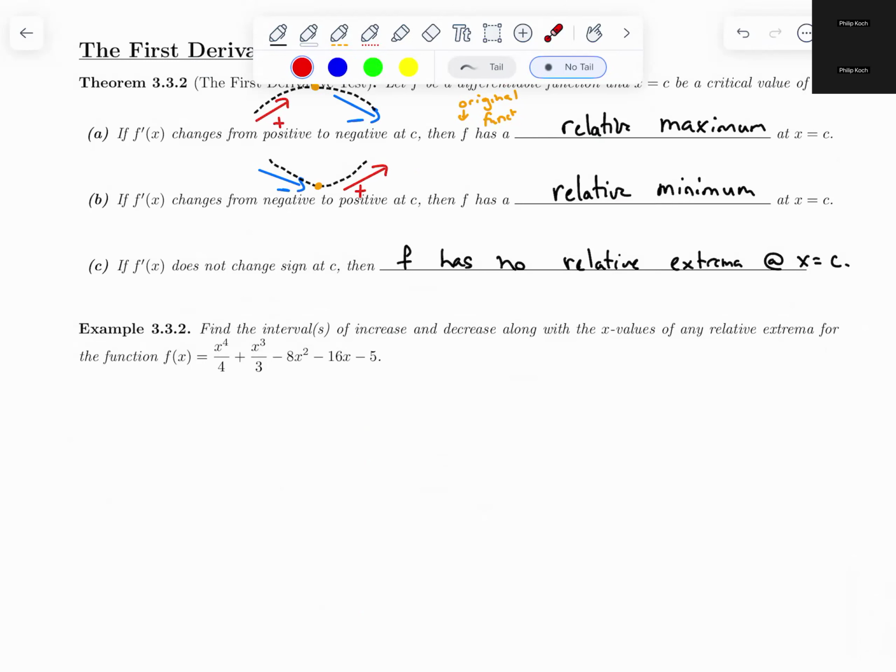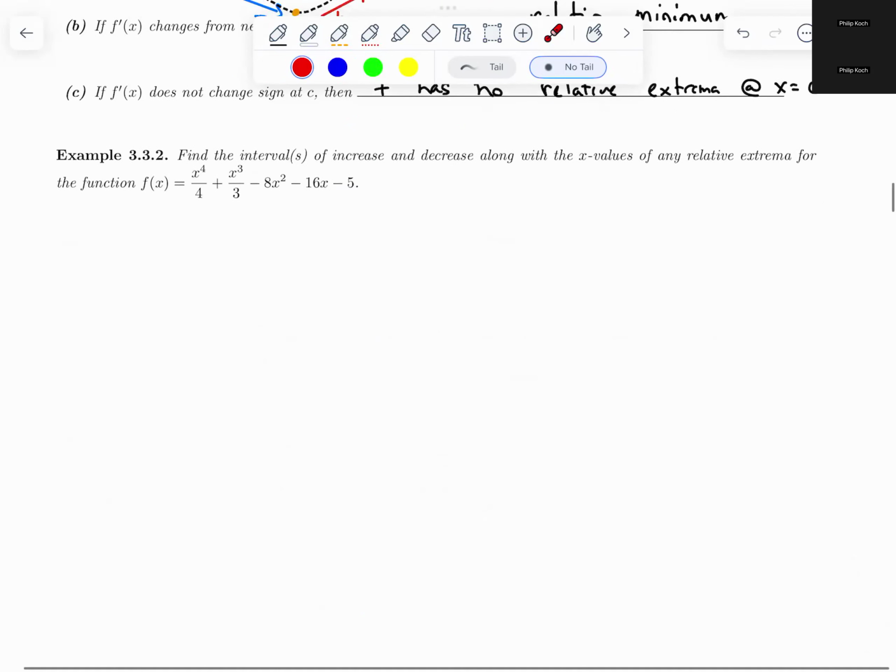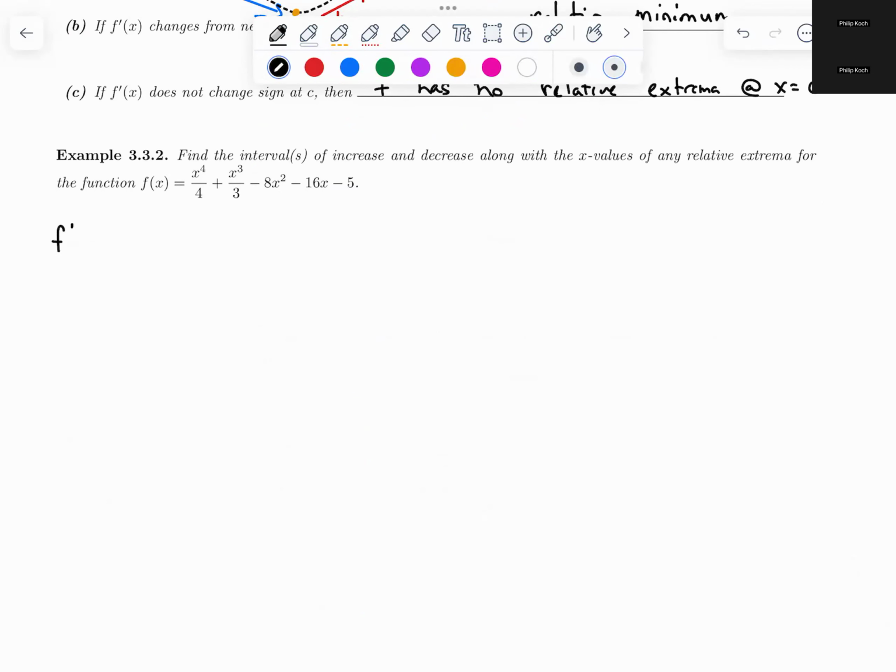So our function is x to the fourth over 4 plus x cubed over 3 minus 8x squared minus 16x. Let's take the derivative, because we're going to have to find where this function is increasing or decreasing, which means we need to find the derivative.